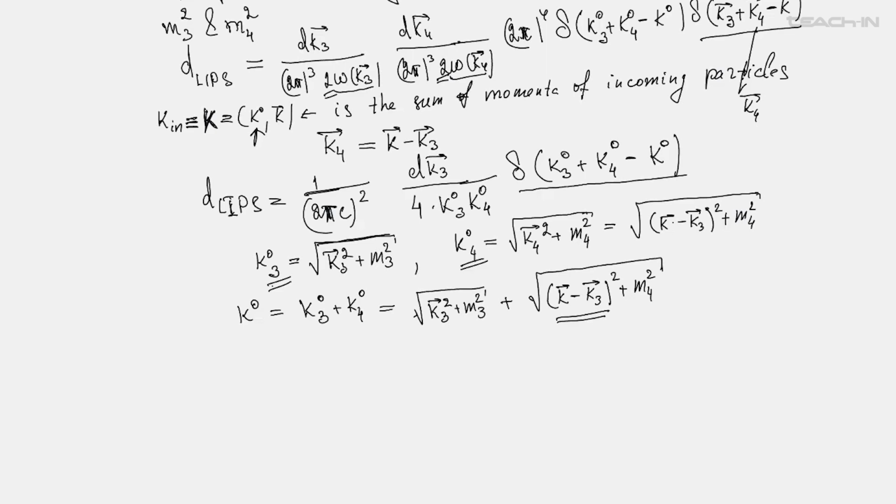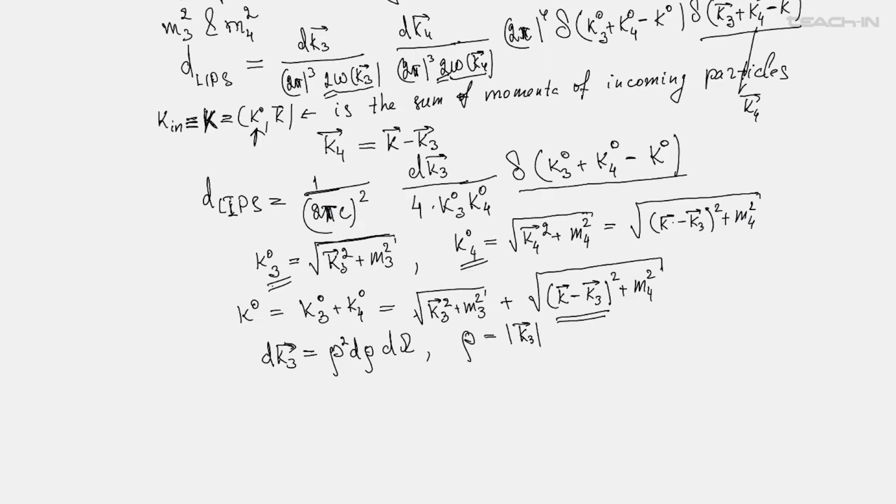So the differential d k3 in spherical coordinates will read as rho squared d rho d omega, whereby rho I denote the modulus of k3, and d omega is a solid angle.